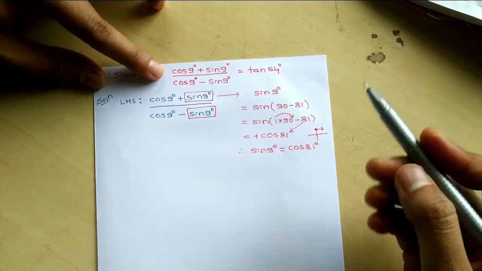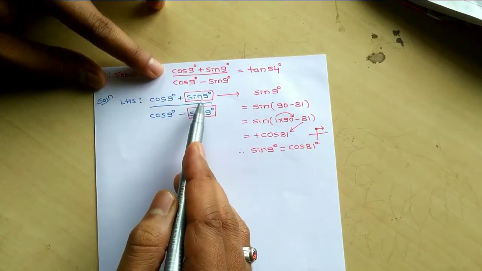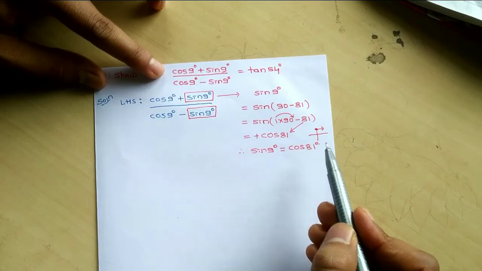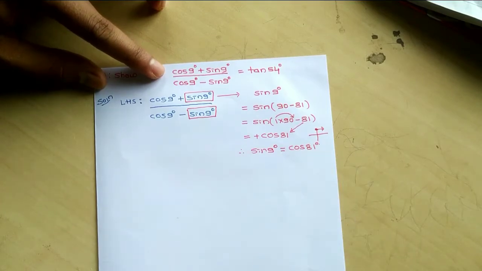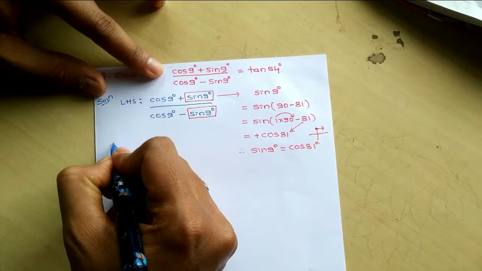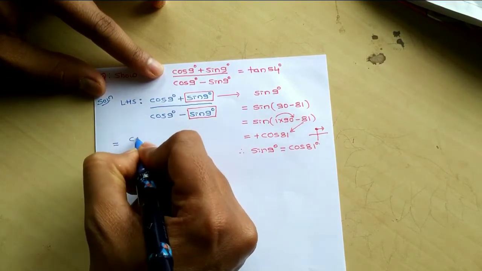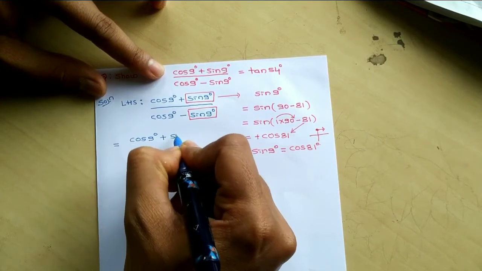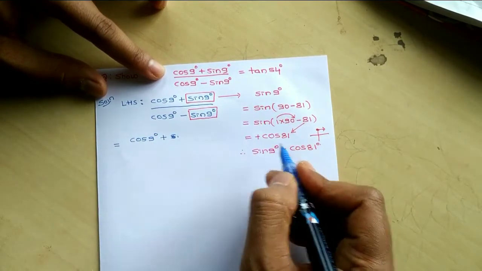Cos 81. So in the next step, these two sin 9 degree I am going to replace by what here? Cos 81 degree. Okay, so see now, which is equals to, this is cos 9 degree, I am going to keep it as it is, plus sin 9 degree is nothing but what?